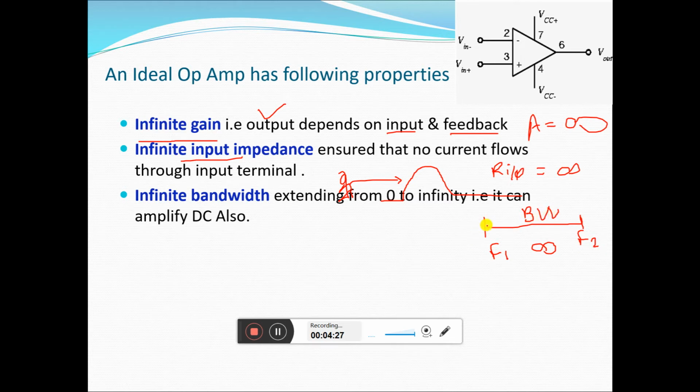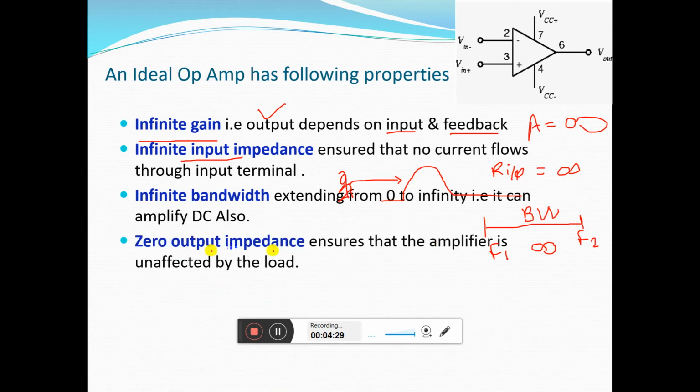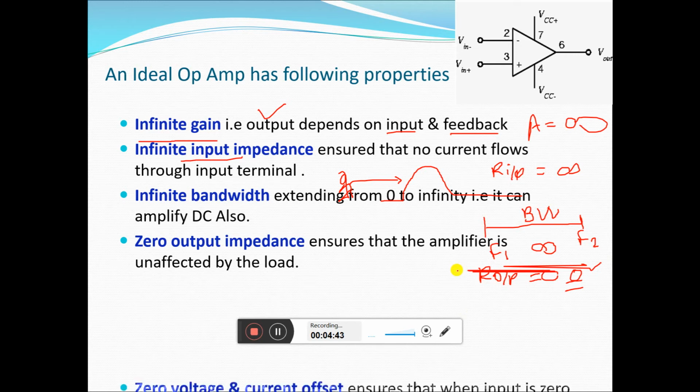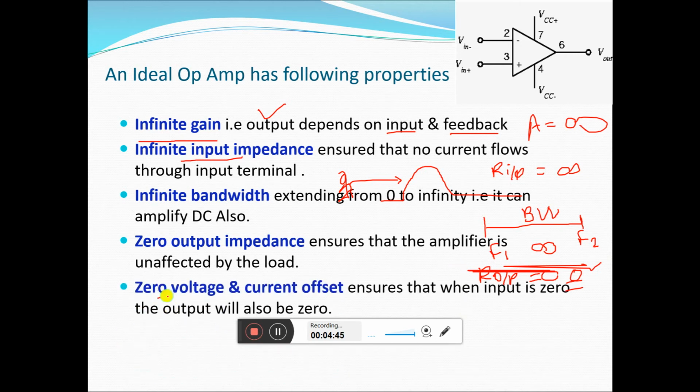The next property is zero output impedance. Our output resistance is equal to zero. Due to this property, we can drive a number of instruments. And the last property is zero voltage and current offset.